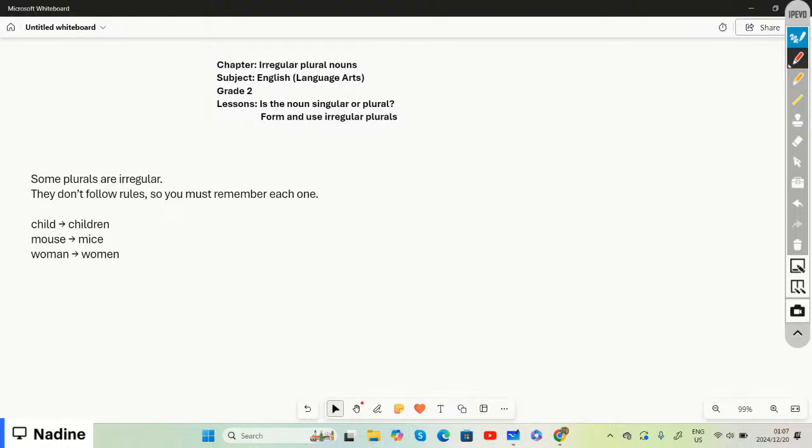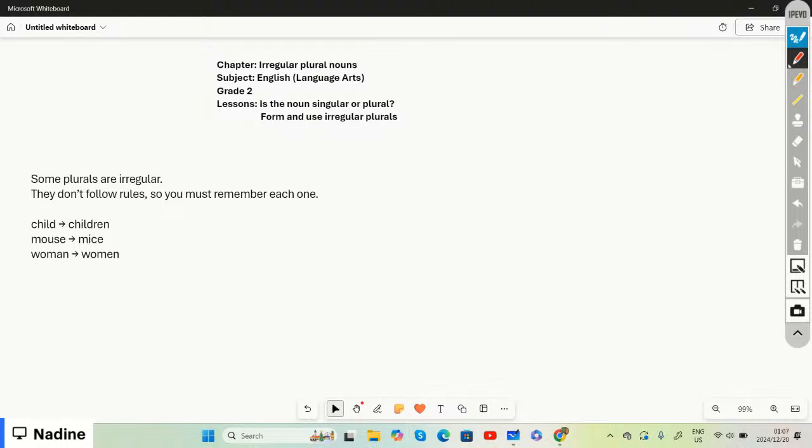If we look at a few examples of irregular plurals, remember the wording changes once we need to identify more than one of that thing: more than one person, more than one place, more than one thing.